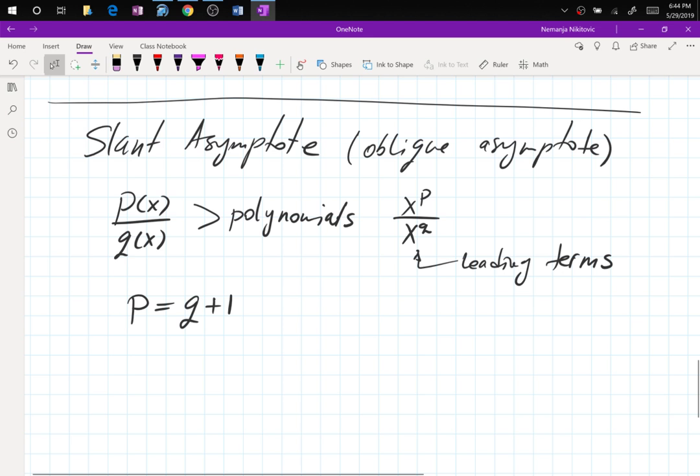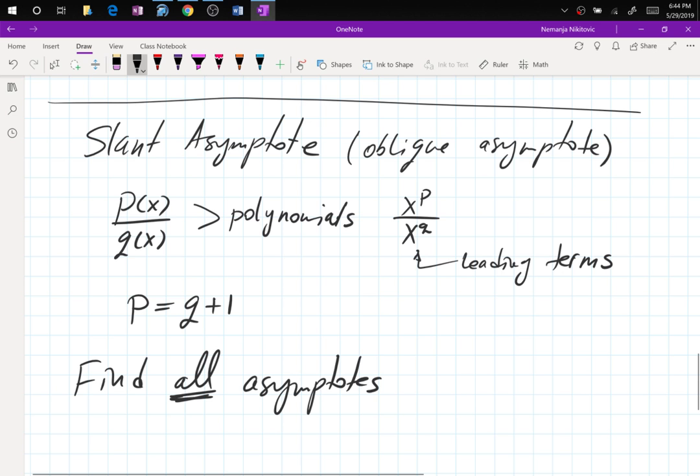So the problem says, how about this? Find all asymptotes for f of x equals x squared minus 4x plus 7 divided by 3x minus 4.